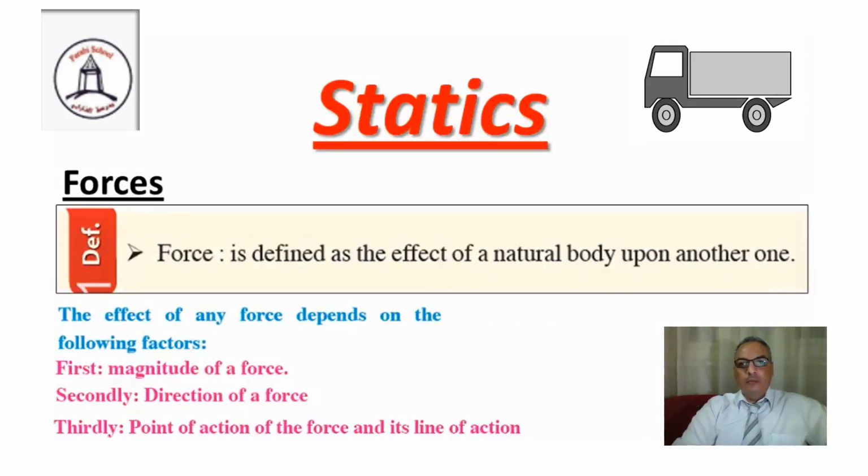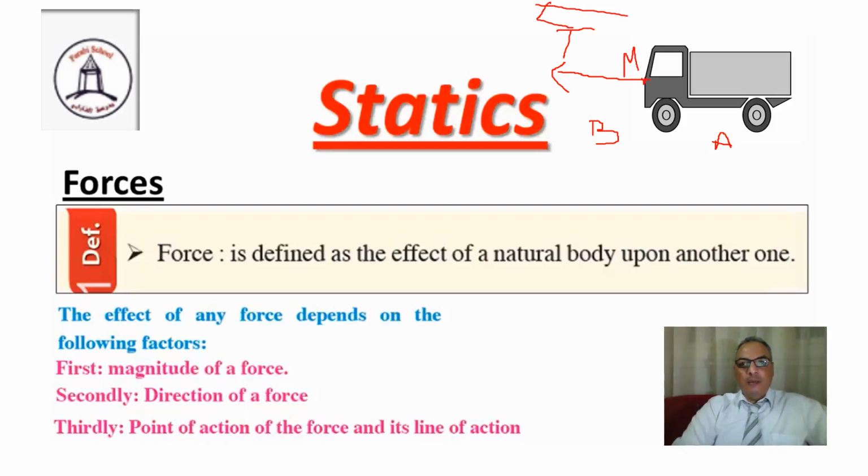We need to push it or make a rubber tension force to move this car from this point A to another one. The tension force acts at this point M in this direction.